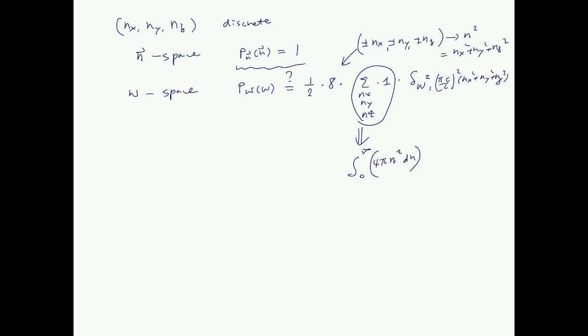But since you are doing an integral, you should write this as a delta function, which can be written as omega minus nc pi divided by L. Then you carry out this integration, and you'll see this is a pi.